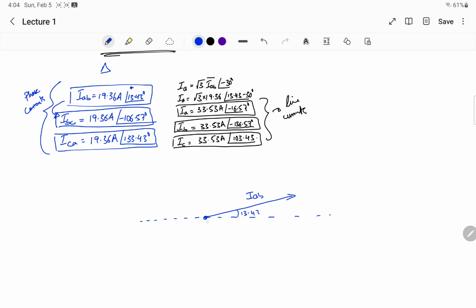Now the next will be minus 106.57. So from here, the angle will be like this. This is IBC and this is 133. So this will be like this. This angle again from 0 is 133.43.